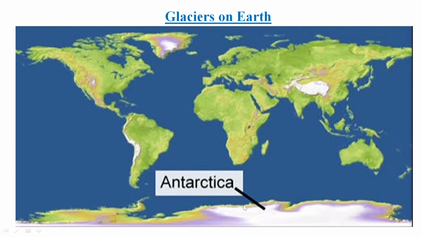And the largest ice sheet we can think of is on the continent of Antarctica. Volume wise, approximately 80% of the 100% of the glaciers that are present on earth are in Antarctica.